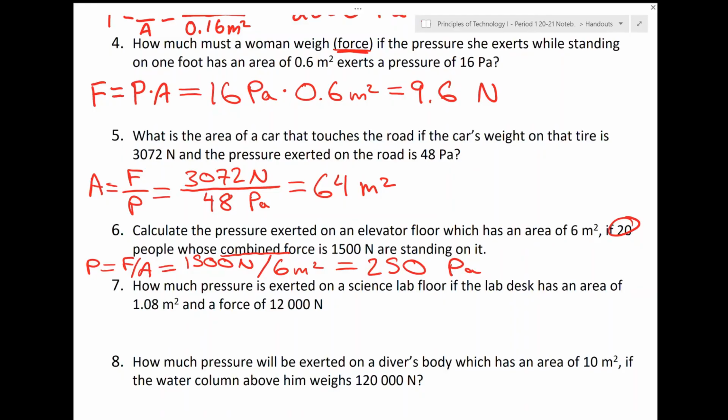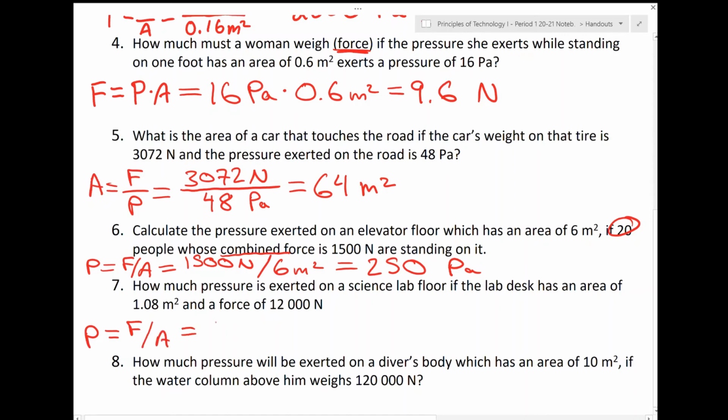Number 7. How much pressure is exerted on a science lab floor if the lab desk has an area of 1.08 square meters and a force of 12,000 newtons? Still using pressure is equal to force divided by area.